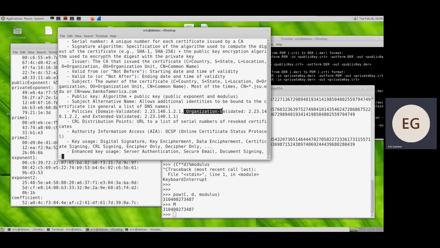Organization validated verifies the domain, but also asks the business to provide some document of creation, emitted either by the state of Alabama or the union. So they do verify that the business exists and that the business has a physical address.